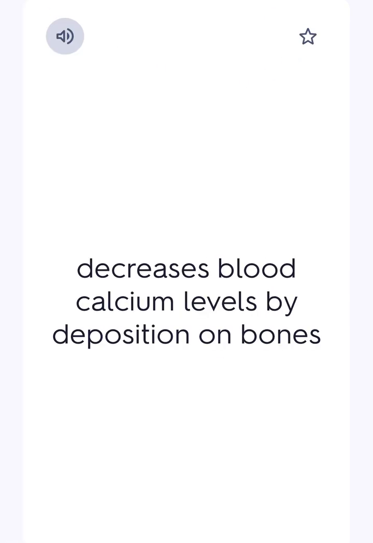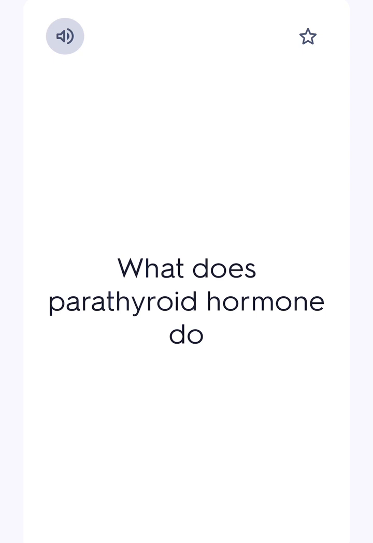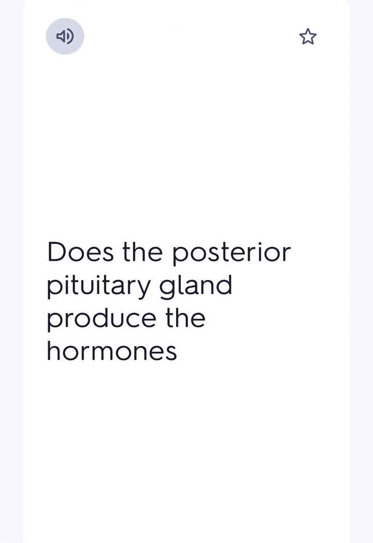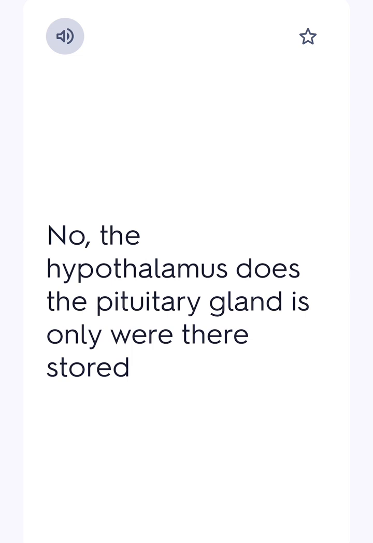Decreases blood calcium levels by deposition on bones. What does parathyroid hormone do? Increases blood calcium levels. Does the posterior pituitary gland produce the hormones? No, the hypothalamus does. The pituitary gland is only where they're stored.